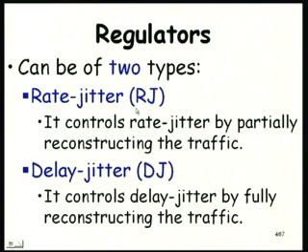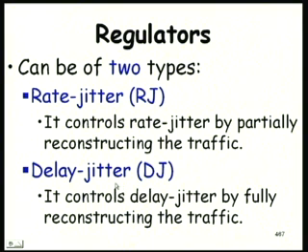A rate jitter type of regulator will examine the packets coming from the connection, and it will try to reconstruct the traffic partially. Whereas a delay jitter regulator will control the delay jitter by fully reconstructing the traffic.